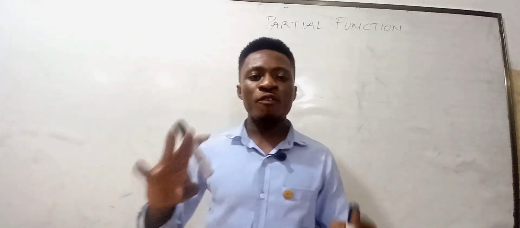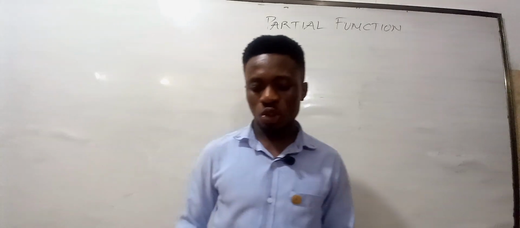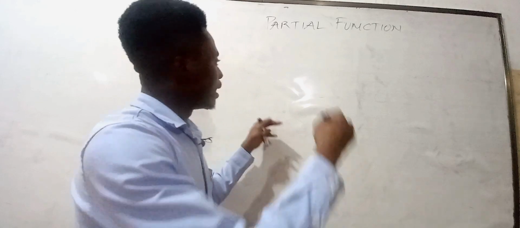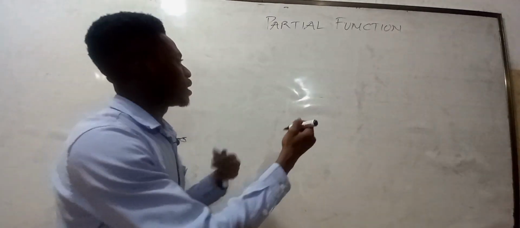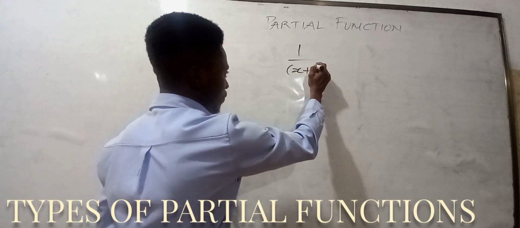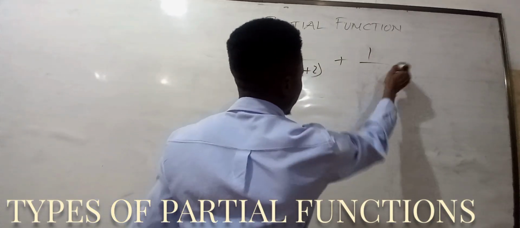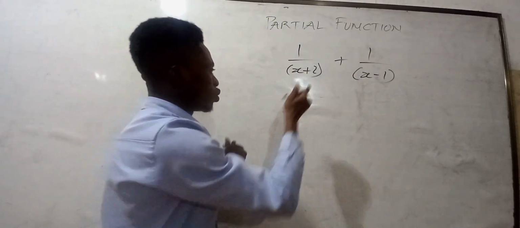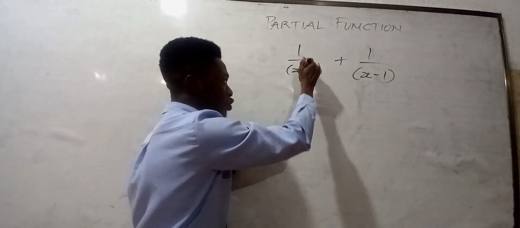So there are four types of partial fractions. We have the one that has a linear factor. The first example I gave is a typical example of one that has a linear factor. These are factors and they are linear because the exponent of the x is 1.